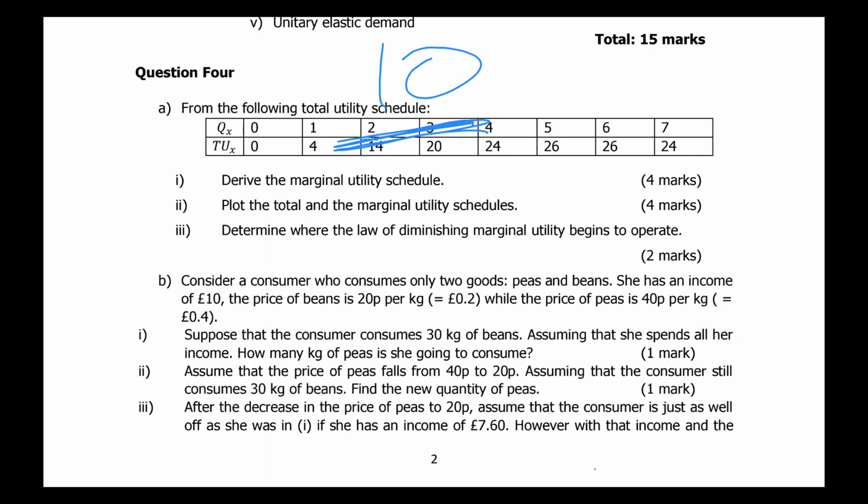Now observe what happens. This is your graph. As you start consuming, let's have the units here: 0, 1, 2, 3, 4, 5, 6, up to 10.